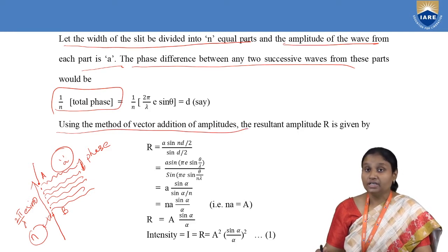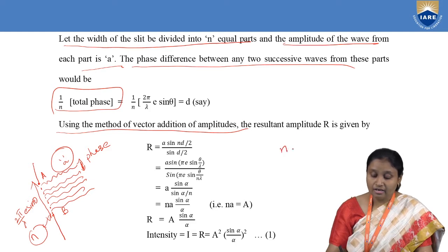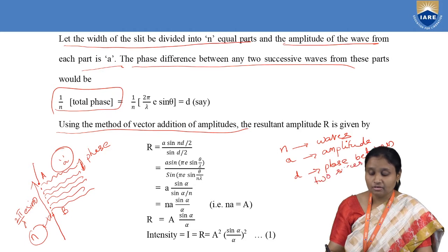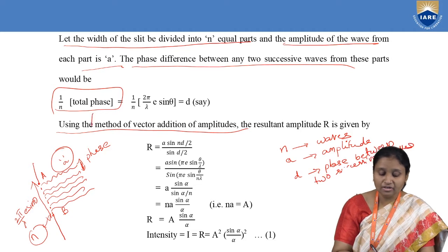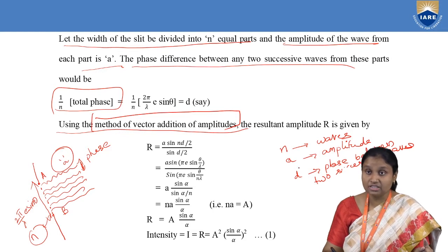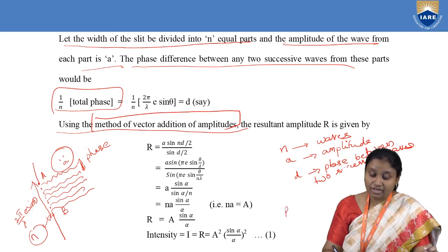According to this method, if we have n number of waves, each wave having amplitude A, and d is the phase difference between two successive waves, then the resultant amplitude is given by A sine nd by 2 divided by sine d by 2.